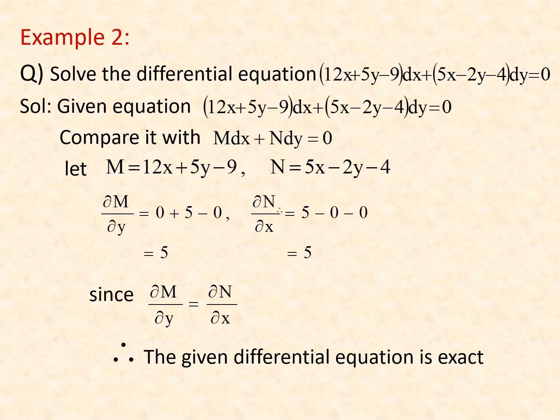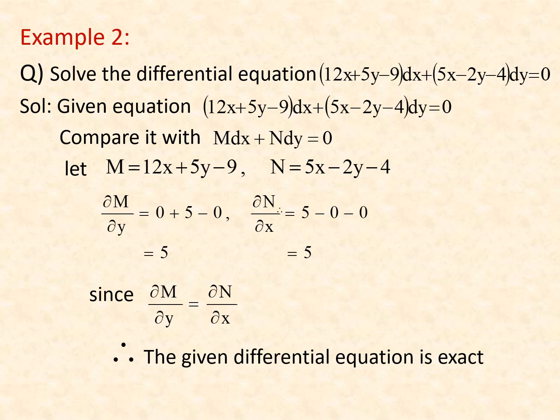Let us solve example 2. Solve the differential equation (12x + 5y - 9) dx + (5x - 2y - 4) dy = 0. First write down the given equation as it is.